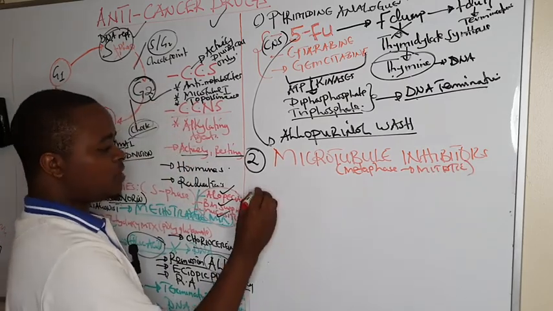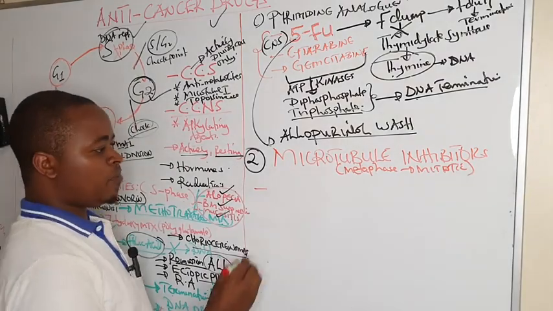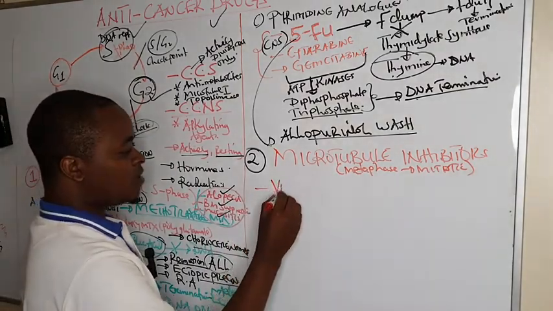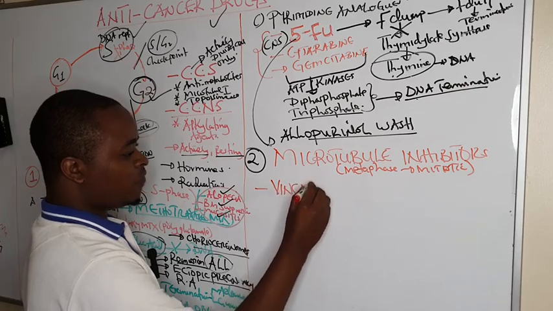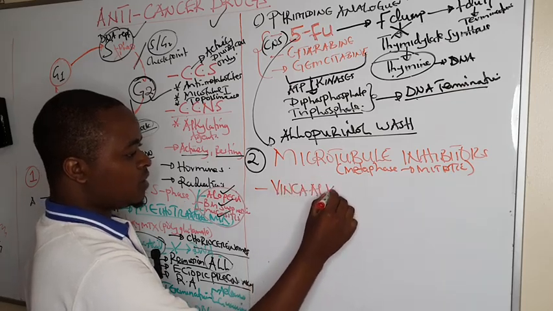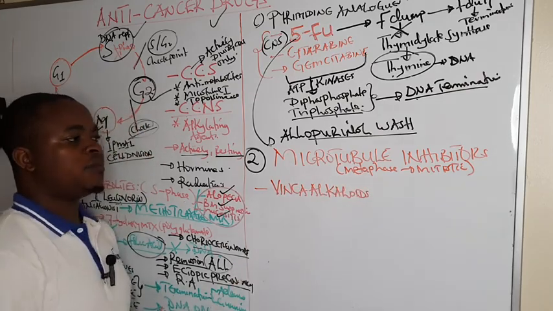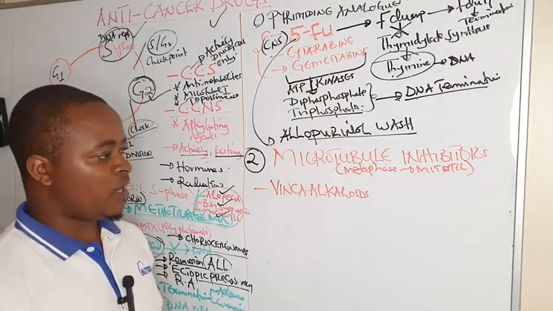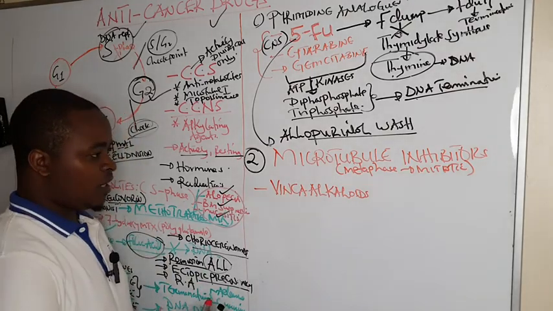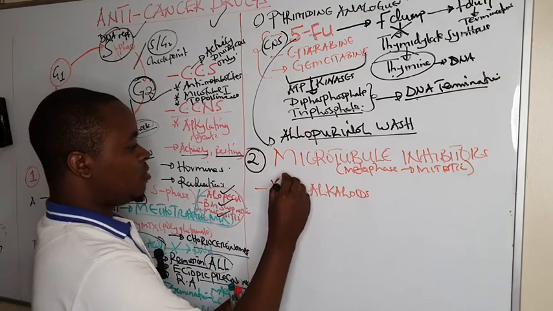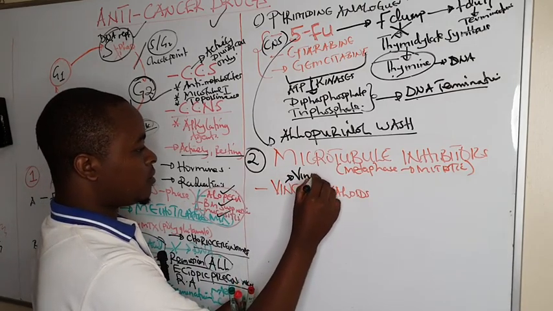And they are categorized into two, whereby we have the vinca alkaloids. These are natural drugs derived from a plant known as vinca rosea.